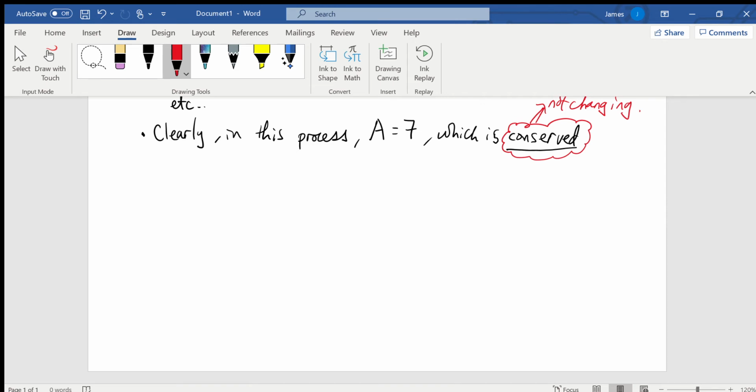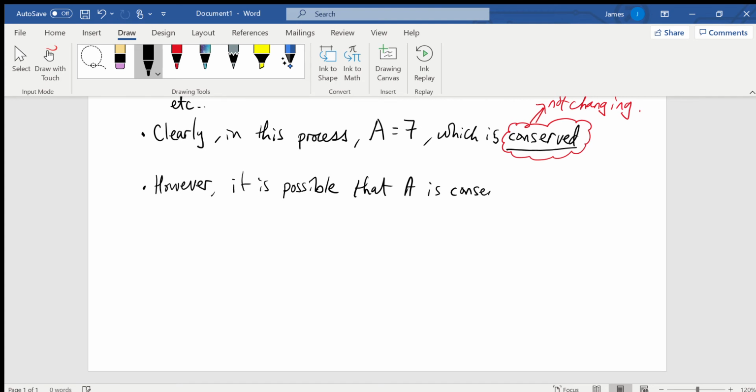Okay. However, so there's definitely a but here. However, it is possible that A is conserved. Another alternate interpretation of the results. A seems to be conserved, yet A is not equal to 7.